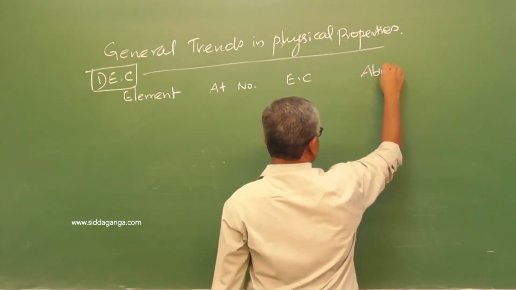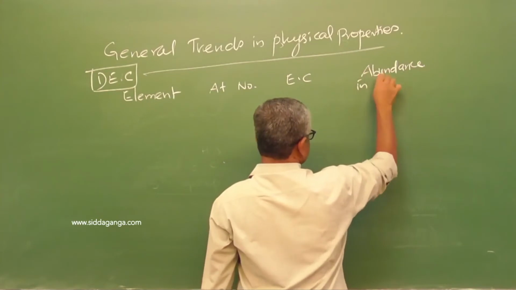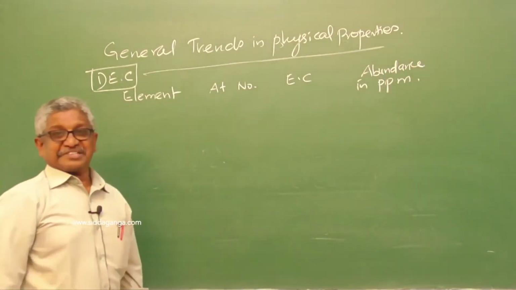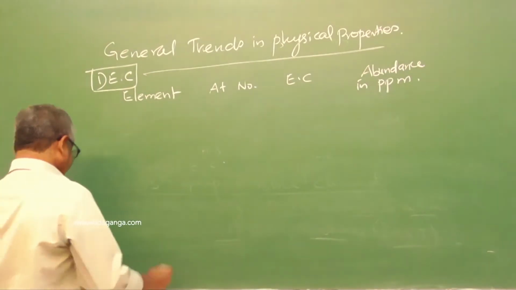Next is abundance, availability in parts per million.